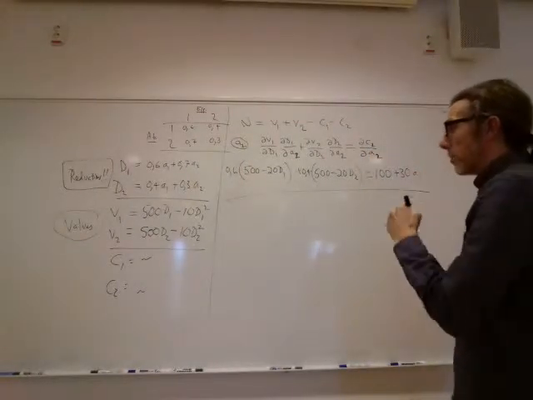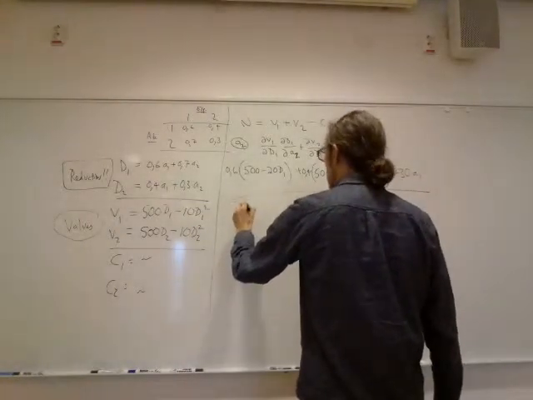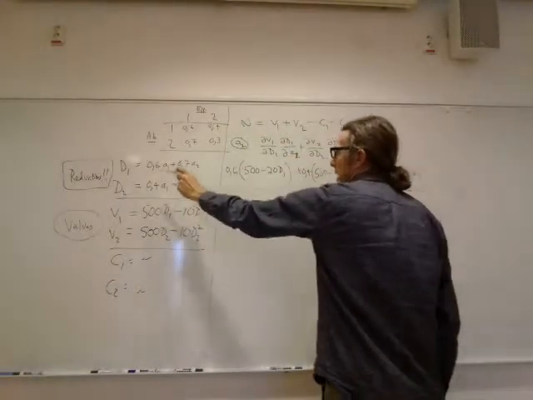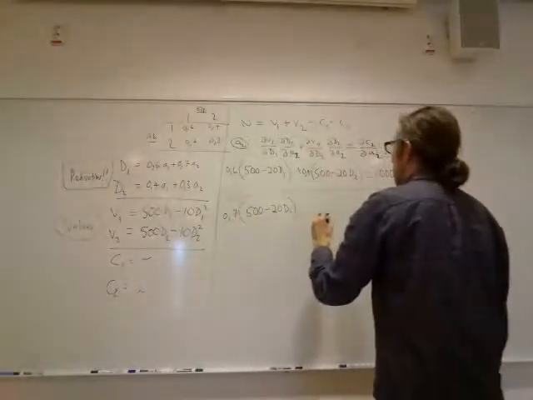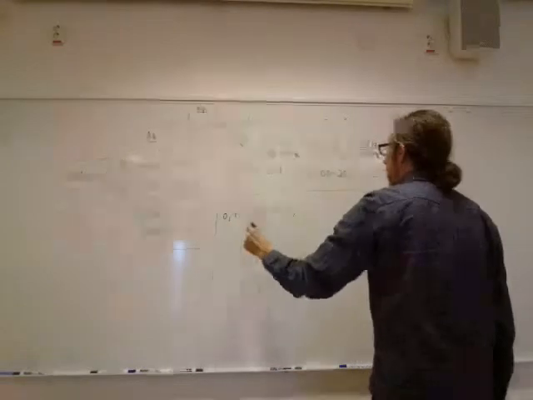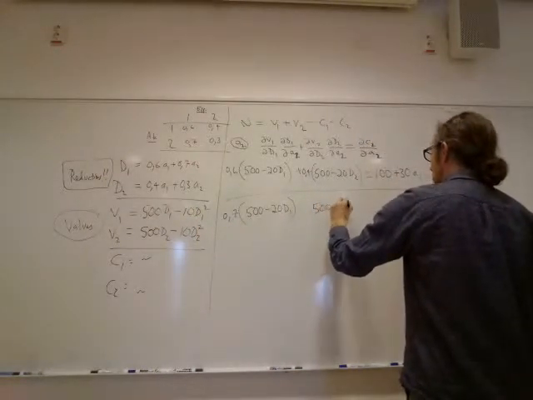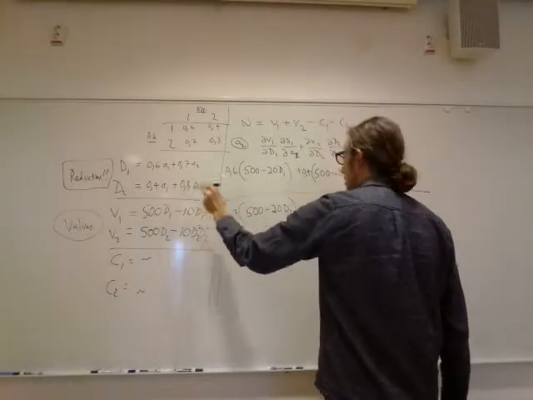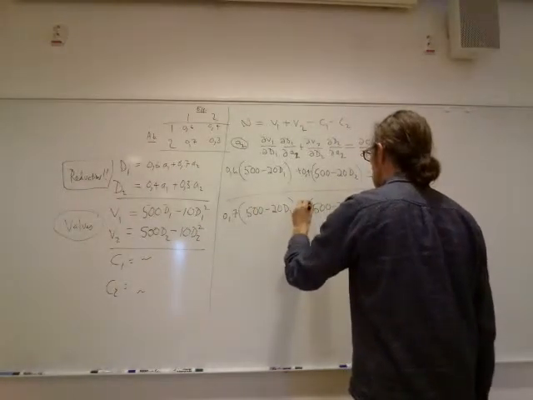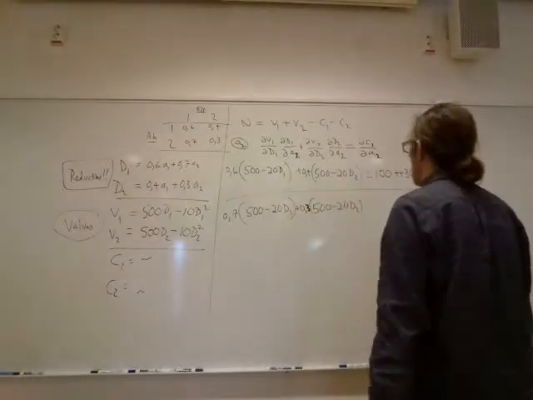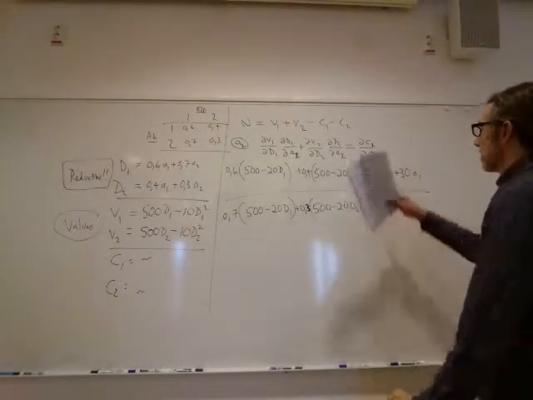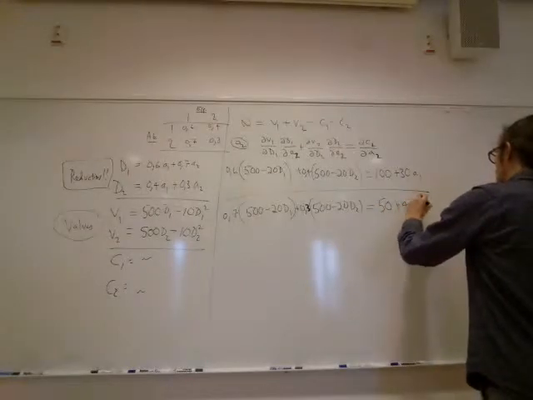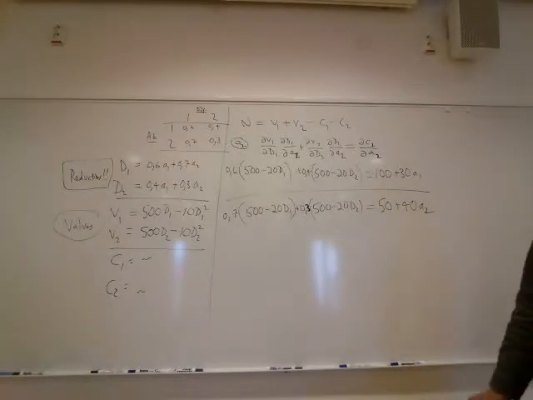So then we get dV1 by dD1, 500 minus 20 D1, times dD1 by dA2, which is 0.7, plus dV2 by dD2, 500 minus 20 D2, times dD2 by dA2, which is 0.3, equals dC2 by dA2, which is 50 plus 40A2.